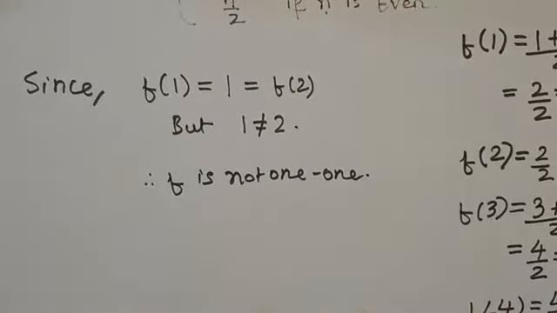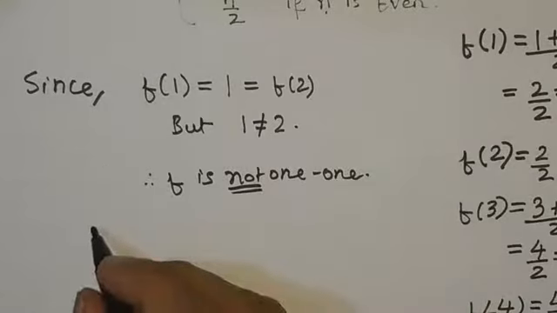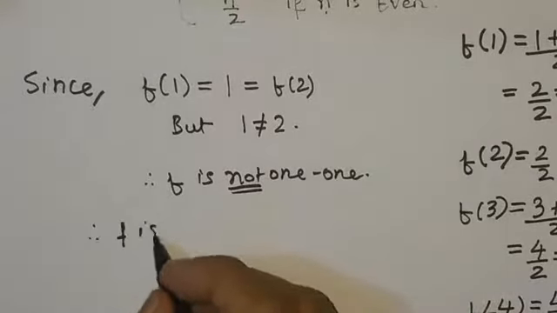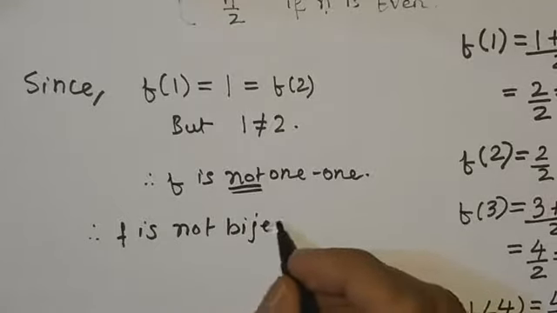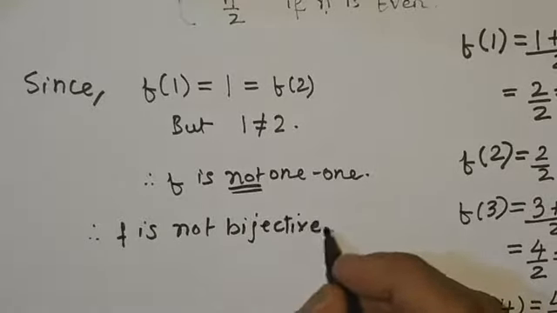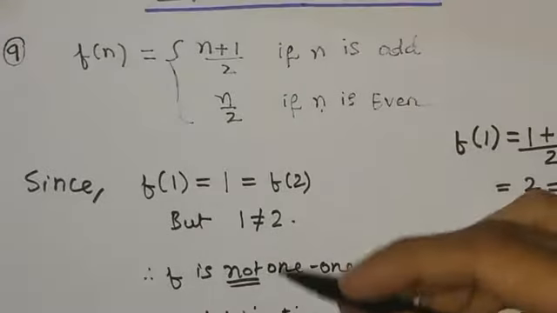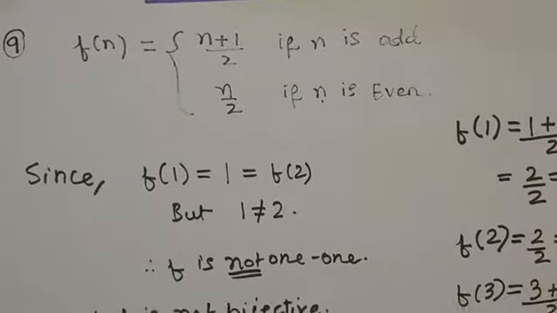So bijective functions are those which are both 1-1 and onto. Here you have got f is not 1-1, so therefore f is not bijective. Okay, and this is the justification for it.